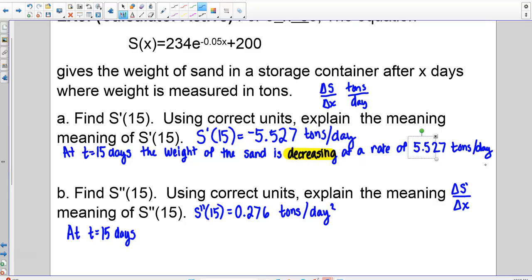So we're not talking about the weight of the sand is increasing at a rate.